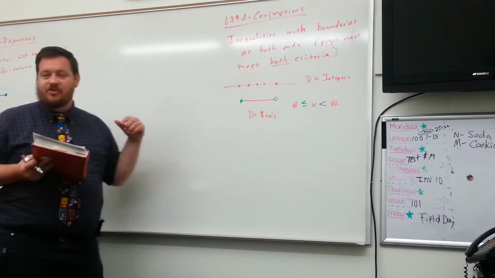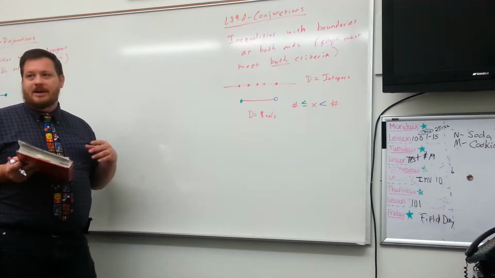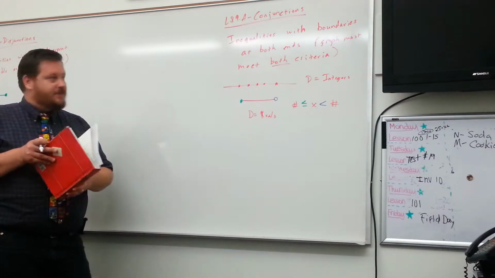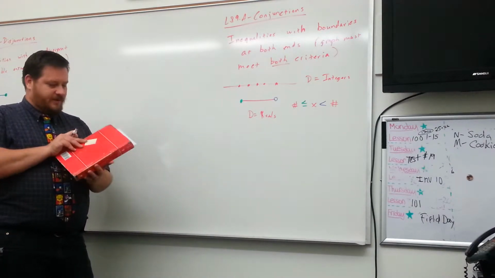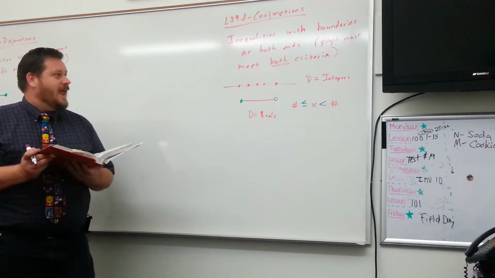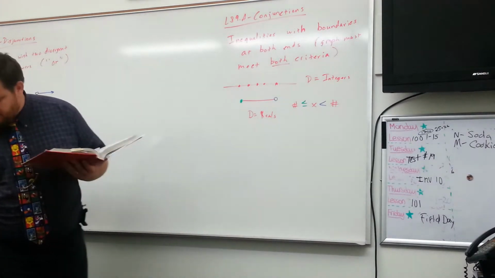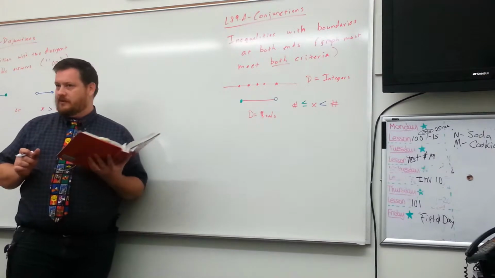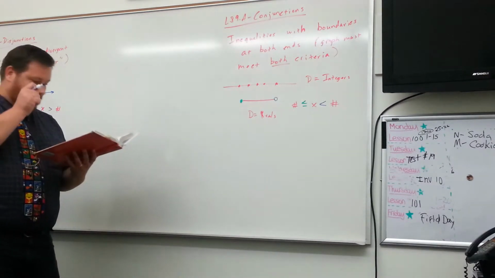So in math, when we have a conjunction, we're talking about an inequality statement that has two aspects to it, and both of those criteria must be met when you graph the inequality on your number line.